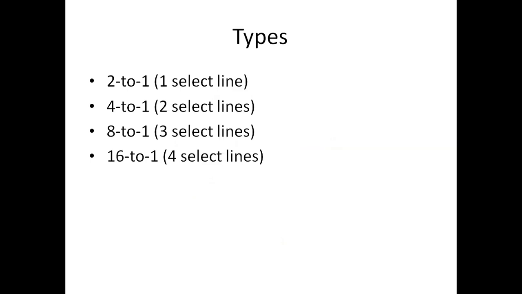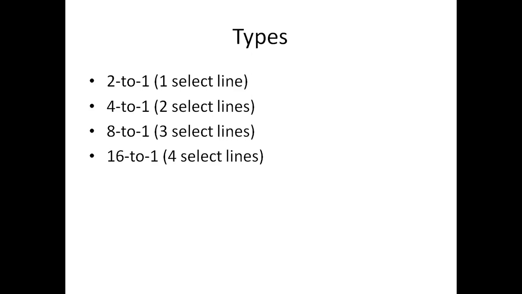Now comes the types of multiplexers. Depending upon the select lines or inputs, the multiplexer can be classified into types such as 2 to 1, 4 to 1, 8 to 1, 16 to 1, and many more like 32 to 1, 64 to 1 and so on.